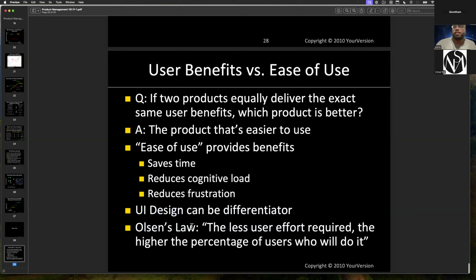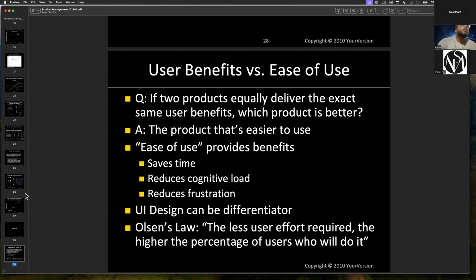Okay, next, Osland's law. The lesser user effort required, the higher the percentage of users who will do it. Yeah, it's straightforward, right? So the last thing we have to prioritize, if you have everything in your hand, is ease of use, and it has this many benefits.